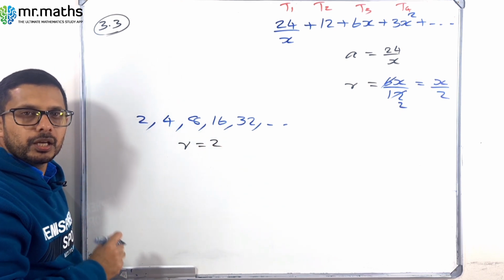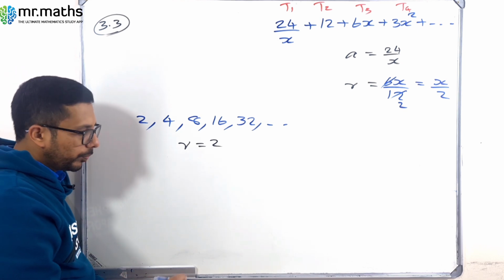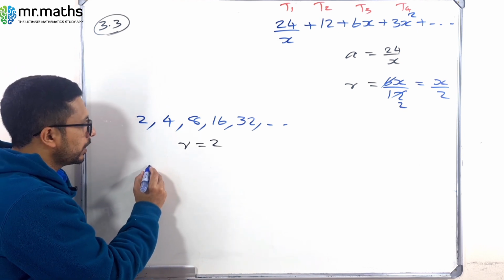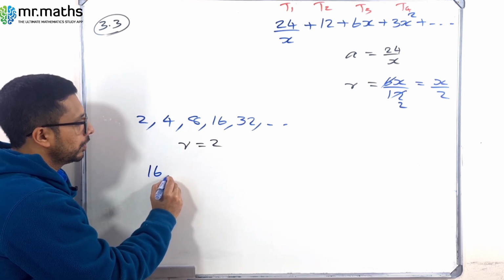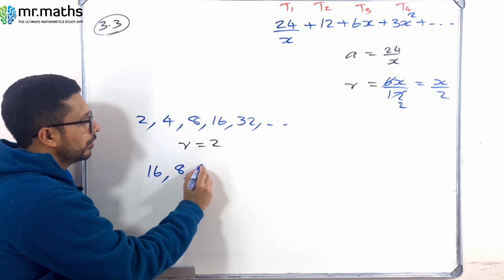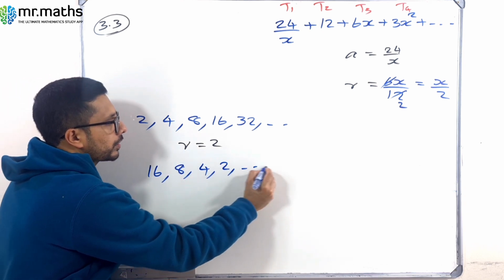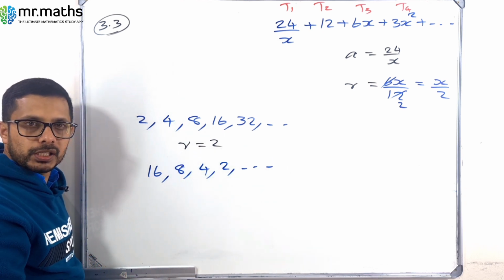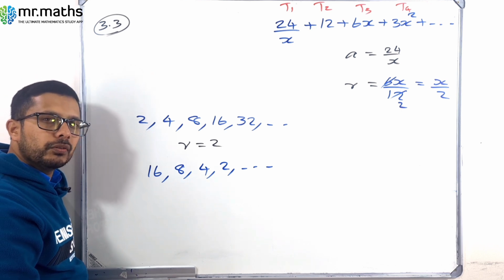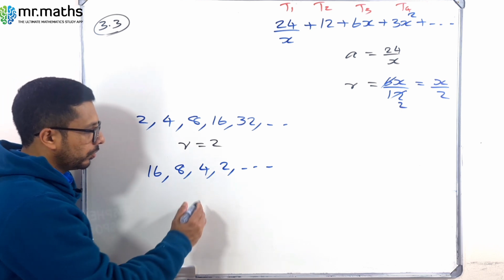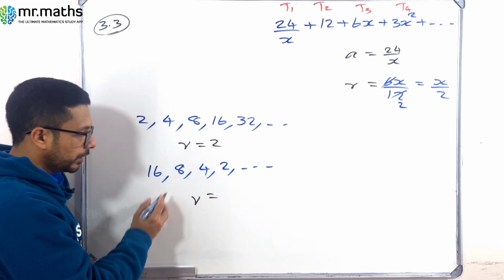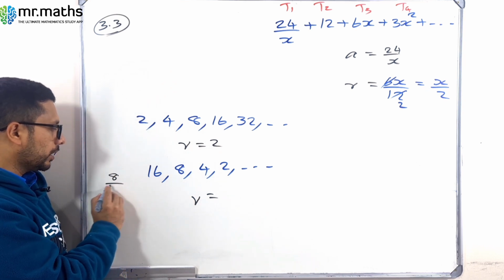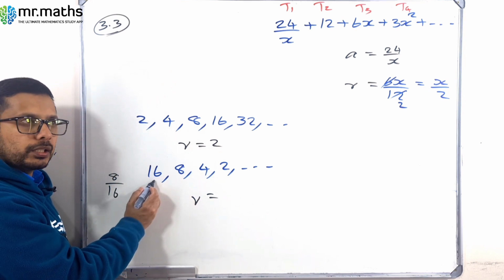You understand? Okay, but if I write another geometric series like this, 16, 8, 4, 2, etc. This is also a geometric series. Okay, and here what is the common ratio? The common ratio is 8 divided by 16, second term divided by first term.